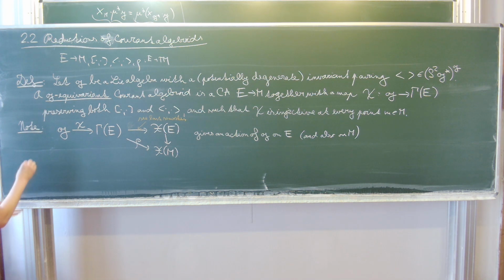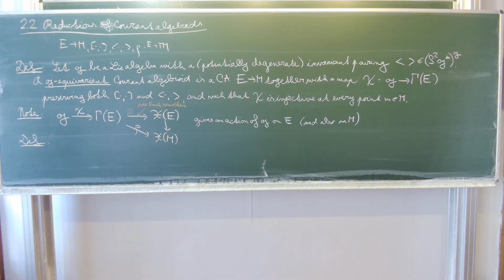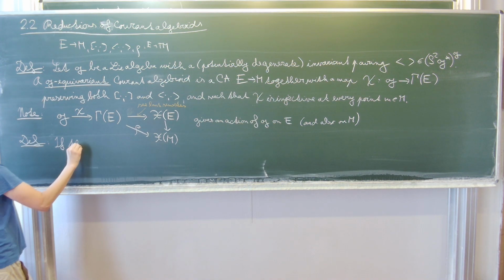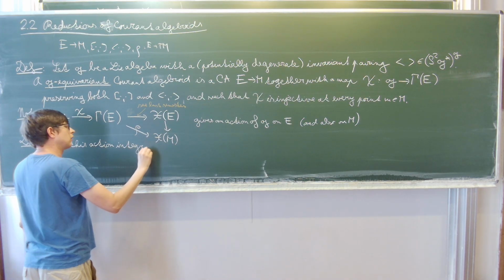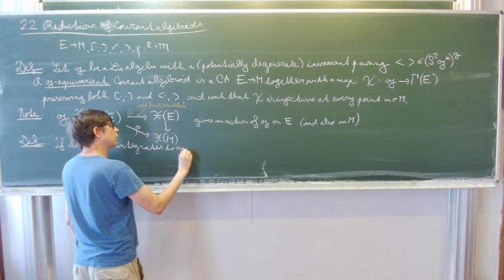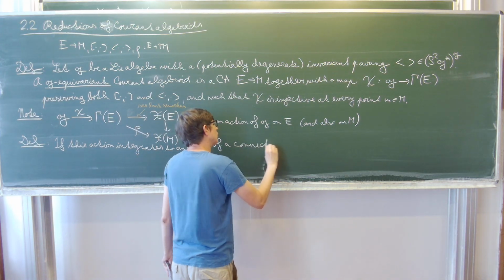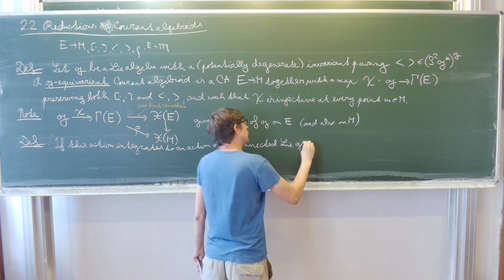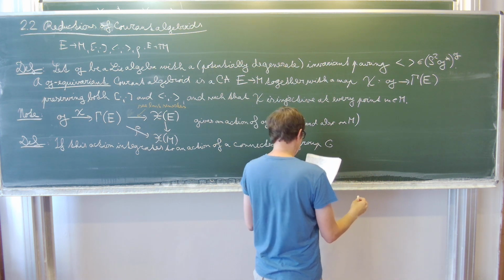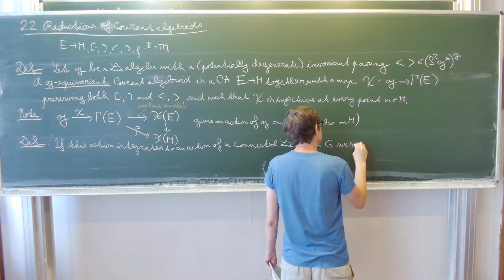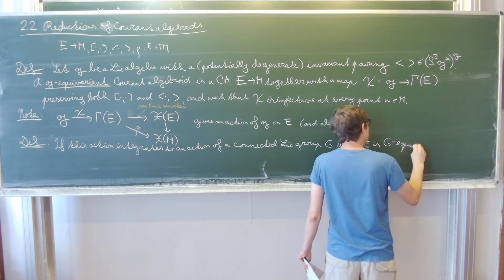And now a definition, going from algebras to groups. If this action integrates to an action of a connected group G, this is just again some sort of technicality, we say the Courant algebroid E is in fact capital G equivariant.